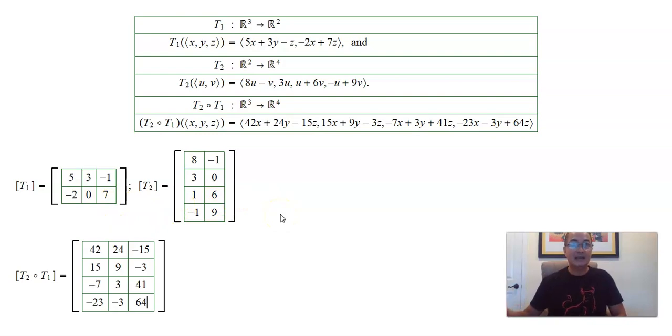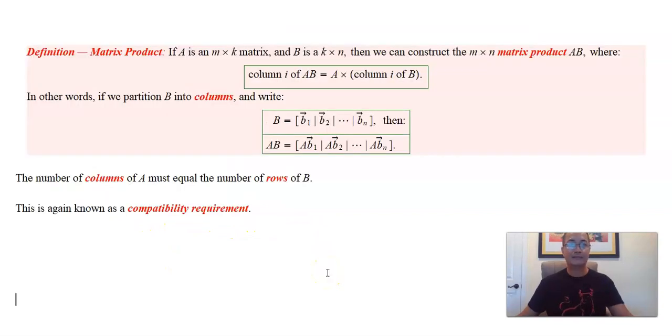But is there a clearer, more systematic way to get this matrix from these two matrices? And of course, there is. That process is the general matrix product. We are going to multiply two matrices together, but before we can do that, we have to make sure that they are compatible. How do we know they're compatible?